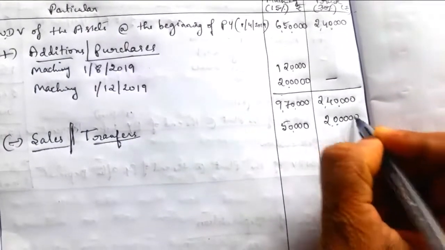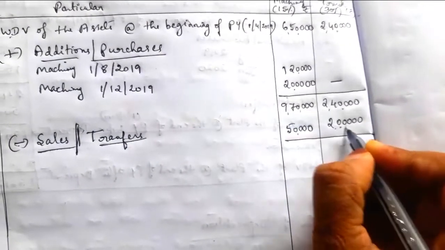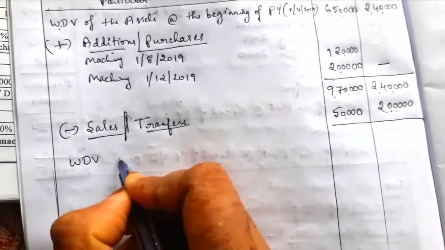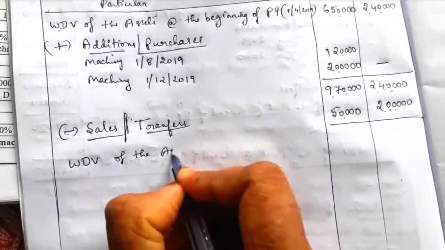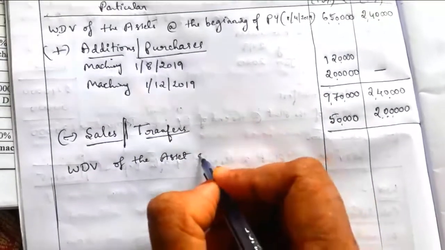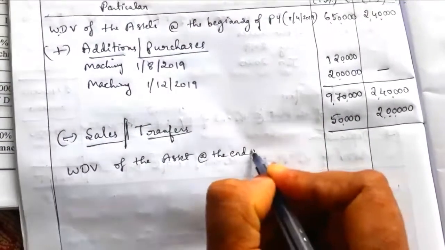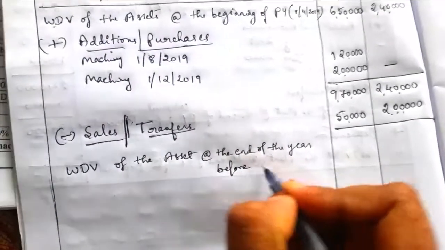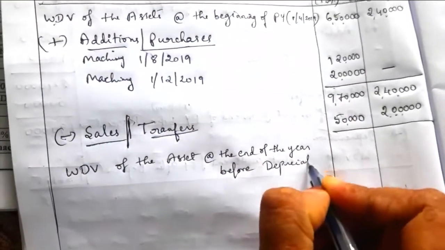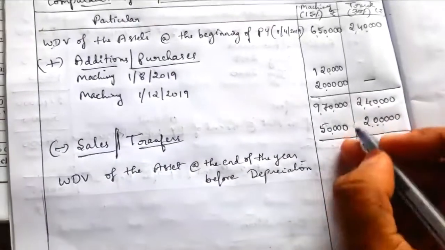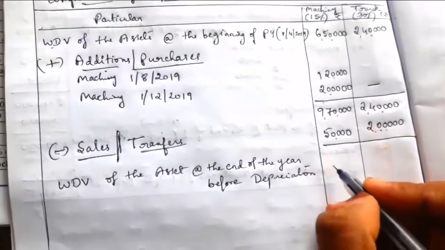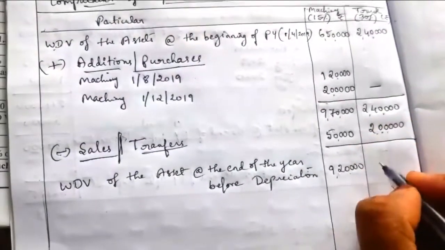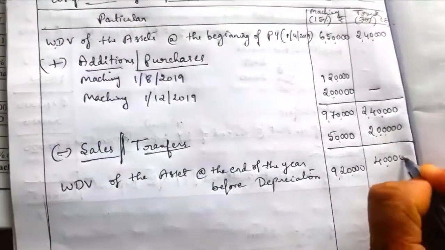So the balance is the written down value of the asset before charging depreciation, the value of the asset at the end of the year before depreciation. In case of machinery, 9,70,000 minus 50,000 equals 9,20,000, and here 2,40,000 minus 2 lakh equals 40,000.